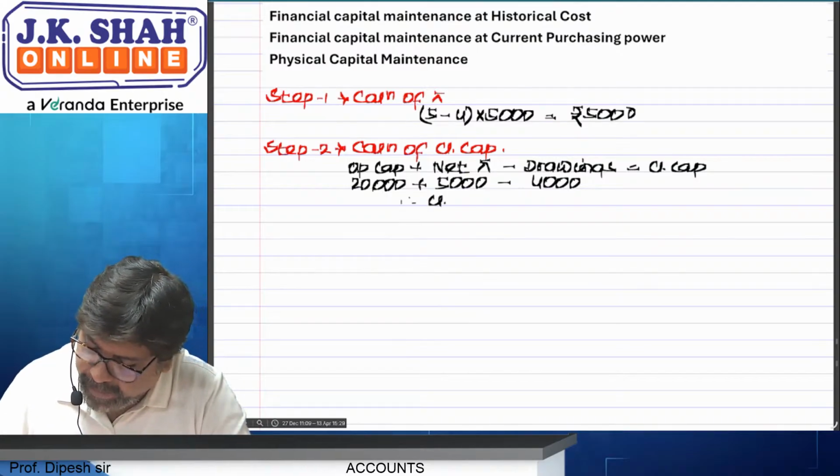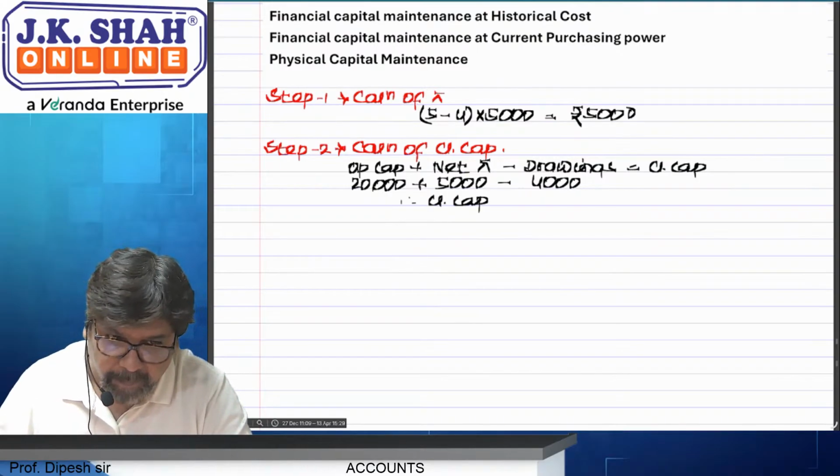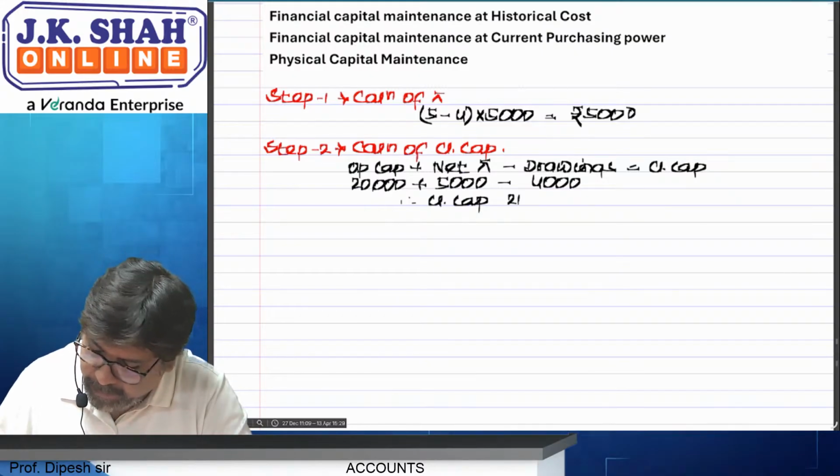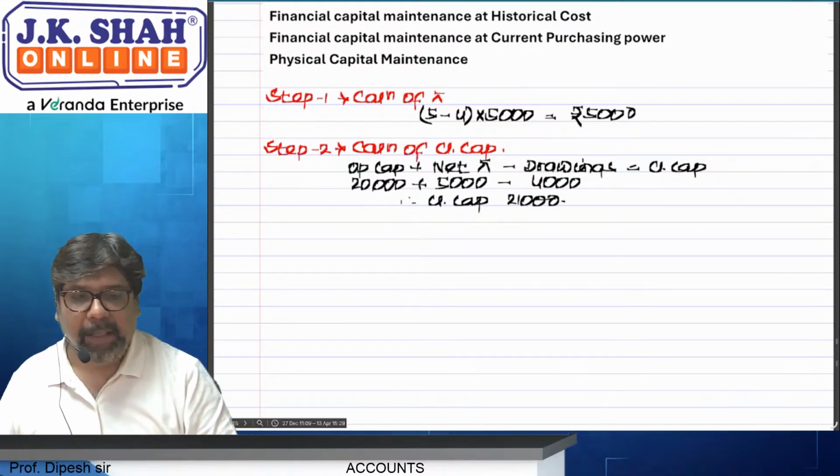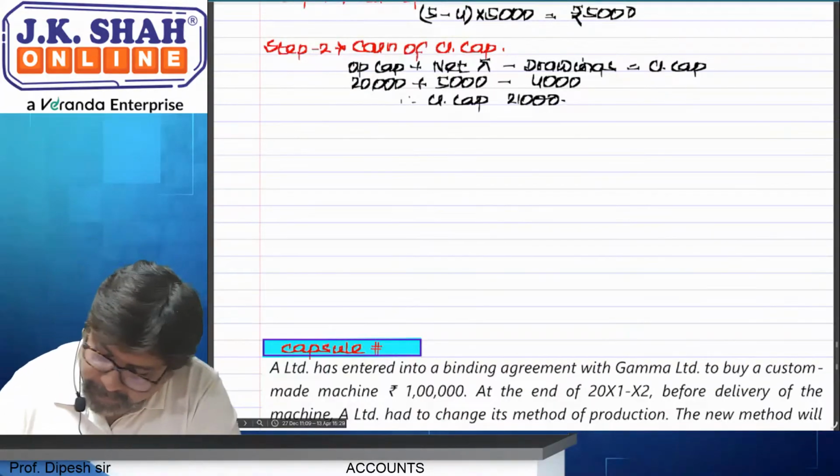Therefore closing capital is equal to 21,000. Correct?